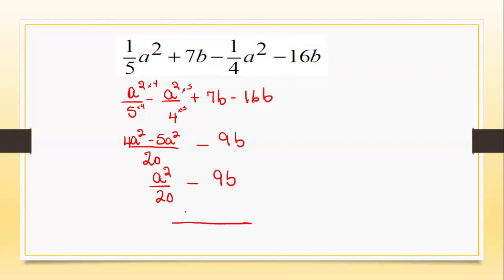So I now have a squared minus, I'm going to multiply the 20 by the 9, giving us 180b over 20. So I could have actually left it and just put 20 in my denominator. No problem. So we have a squared minus 180b over 20, writing it as one fraction. So that is in its simplest form.